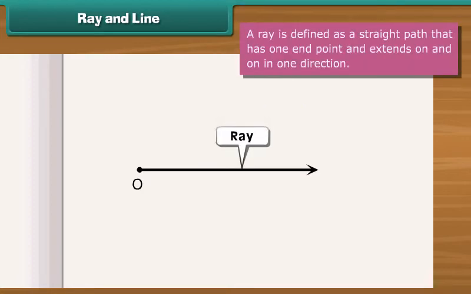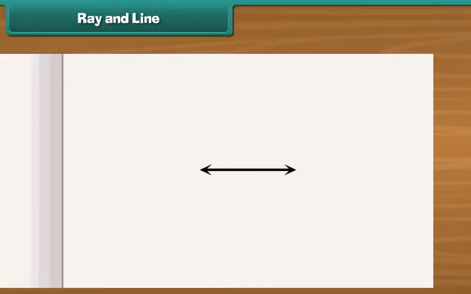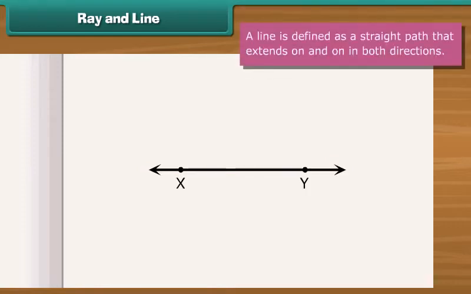We define a ray as a straight path that has one endpoint and extends on and on in one direction. What if a straight path extends on and on in both directions? This becomes a line. For example, line XY. Thus, a line is defined as a straight path that extends on and on in both the directions.